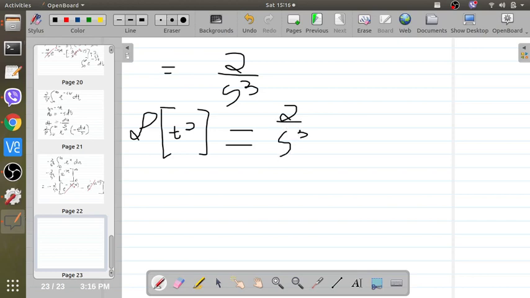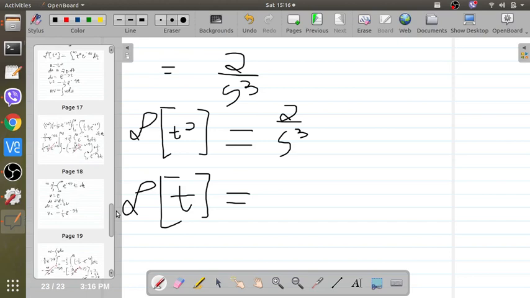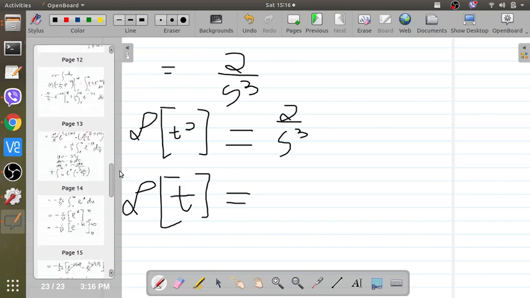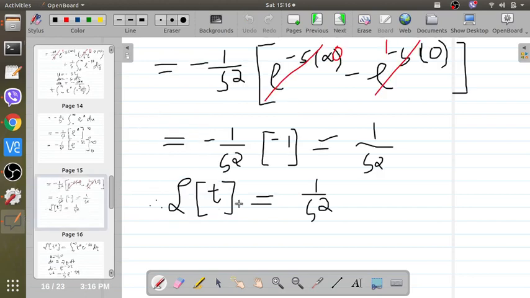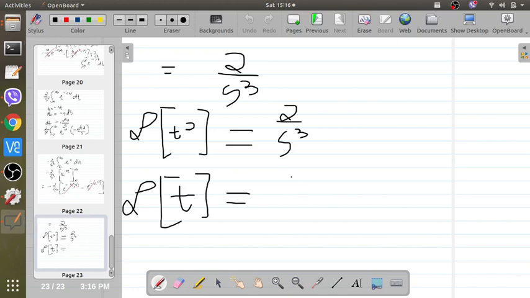From the previous example, the Laplace transform of t is equal to 1 over s squared.